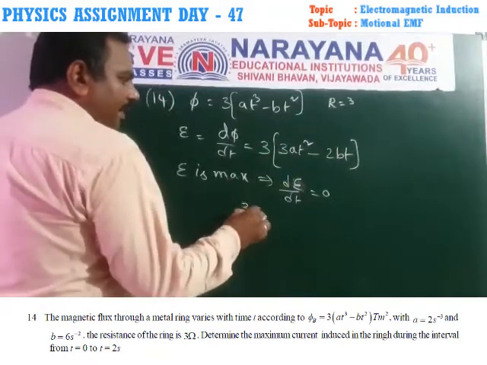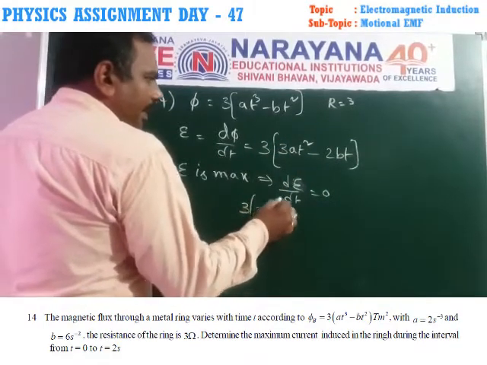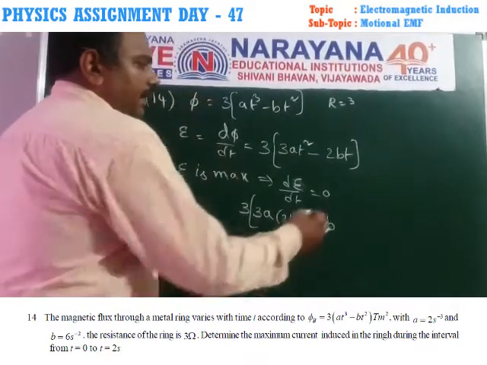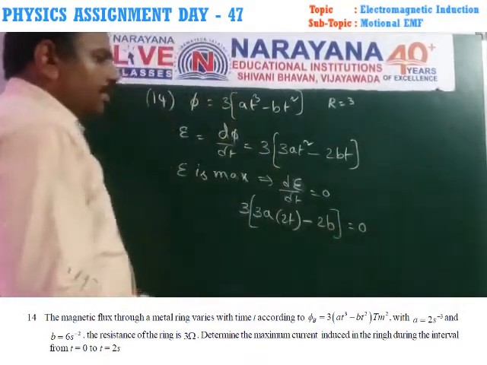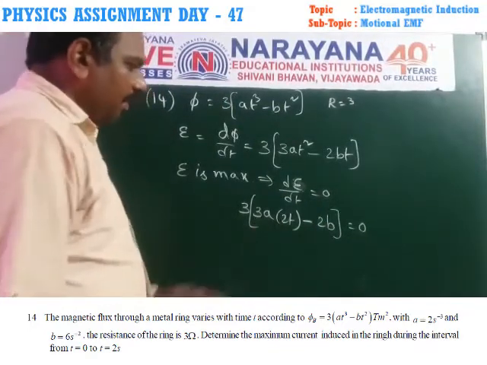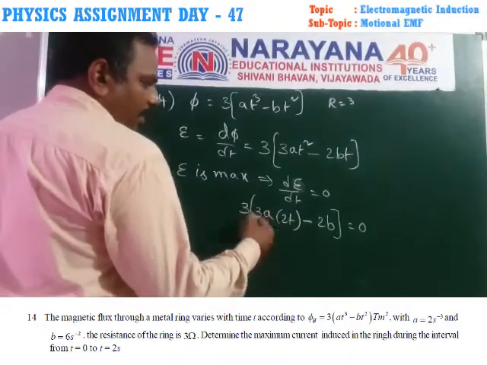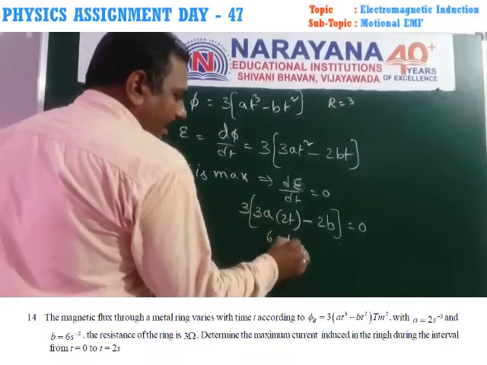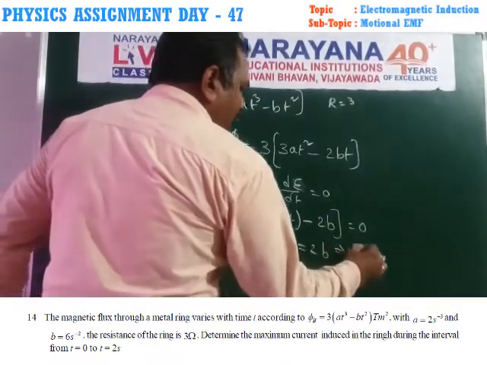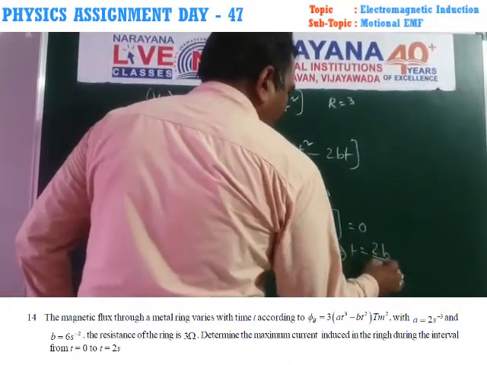So on differentiating it, 3 into 3A into 2t minus 2B is equal to 0. So finally 6At is equal to 2B. So that implies t is equal to 2B by 6A.